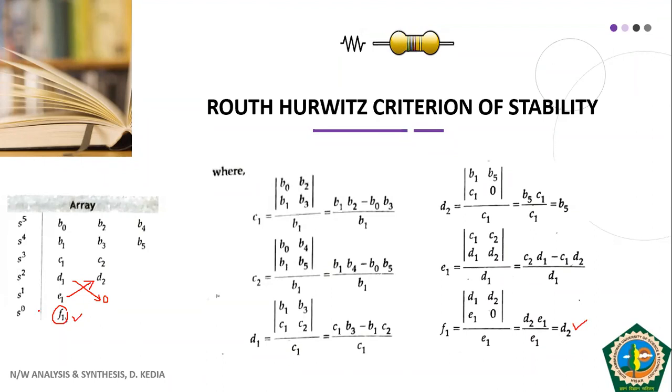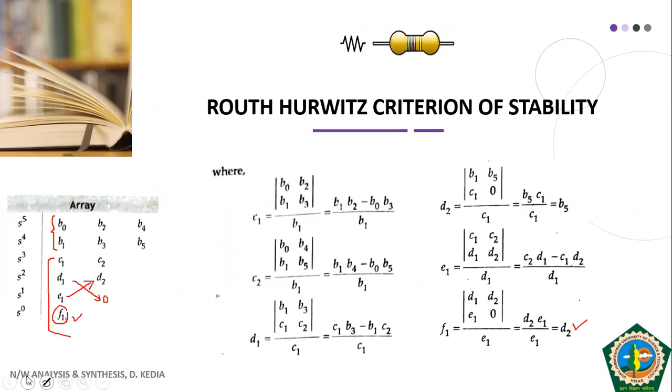Okay. So this is how we will develop our array and obtain the coefficients. This B0, B1, they were present beforehand, and these coefficients we have calculated ourselves. Okay. So this is how we will develop a Routh array, and then after doing this, we will determine whether it follows the stability criteria or not.